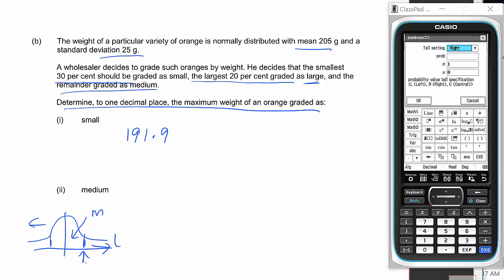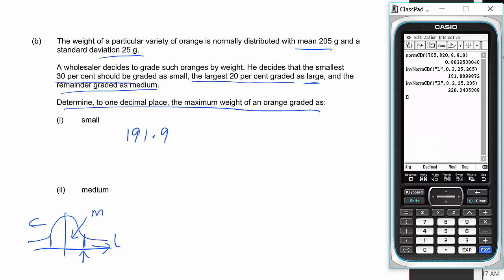So the value we're after is this one here, and that is the largest 20%, so a probability of 0.2. This is 25, and this one is 205. Okay, that would be 226.0.